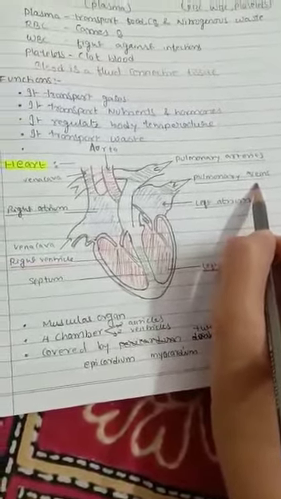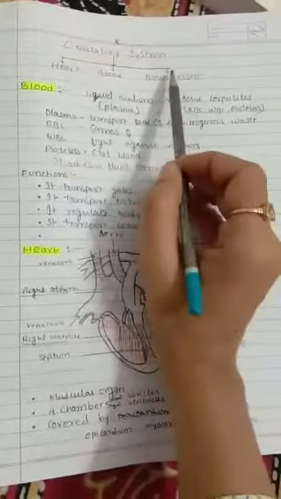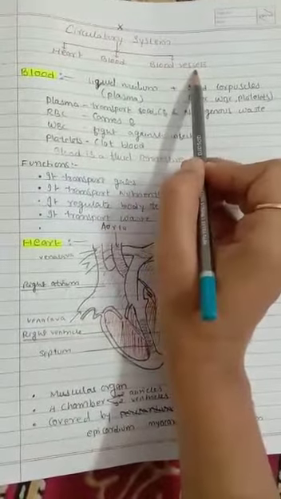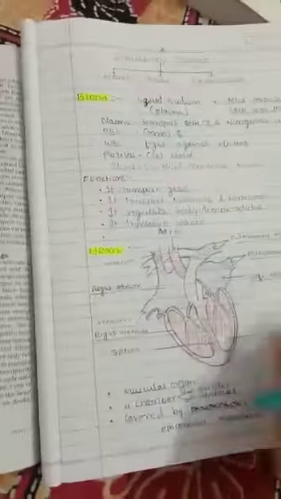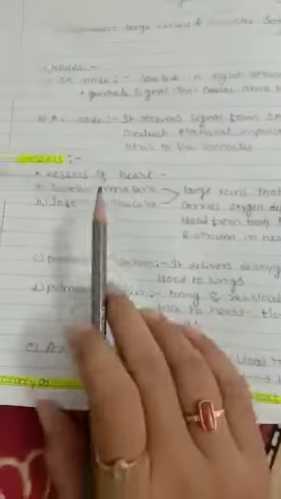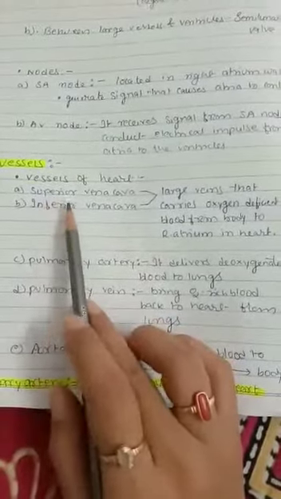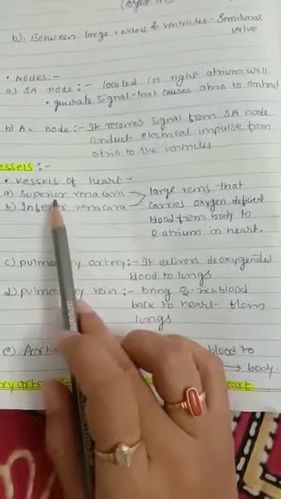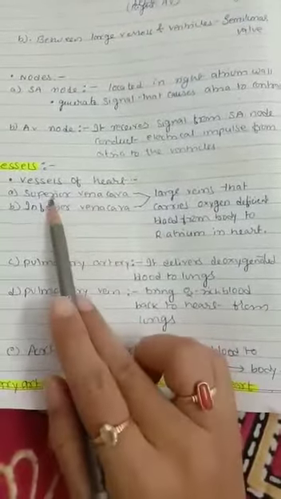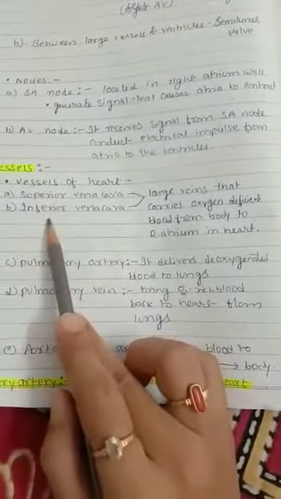Now let us discuss the third part of the circulatory system, that is blood vessels. There are 2 main vena cavas, superior vena cava and inferior vena cava.